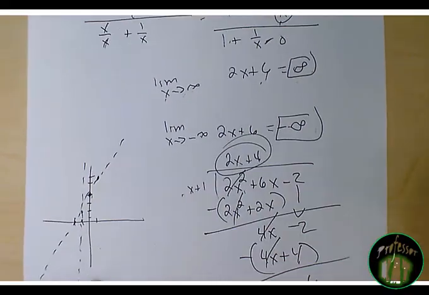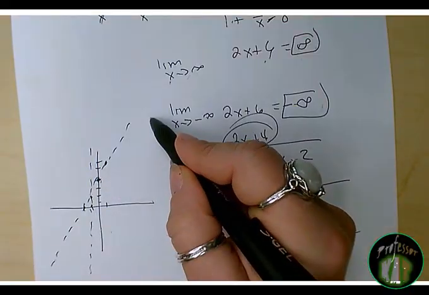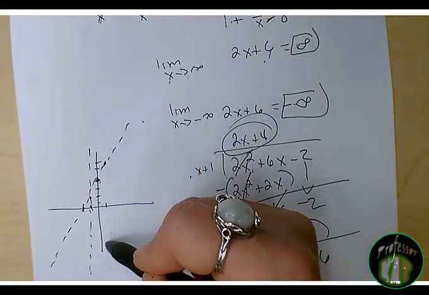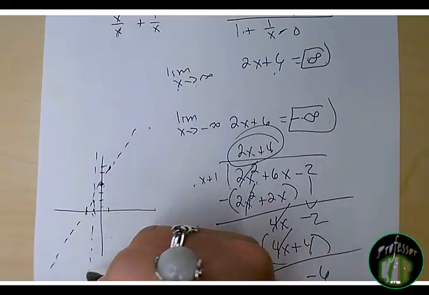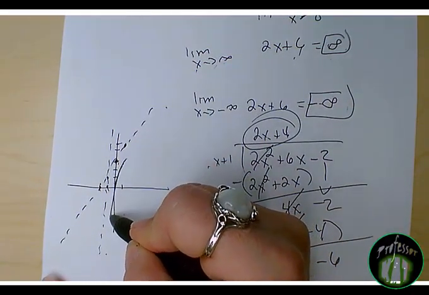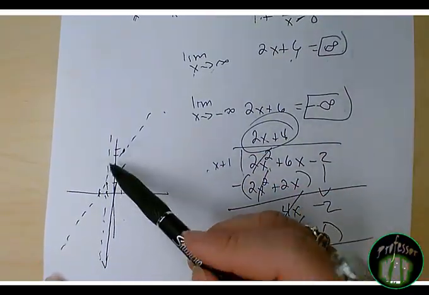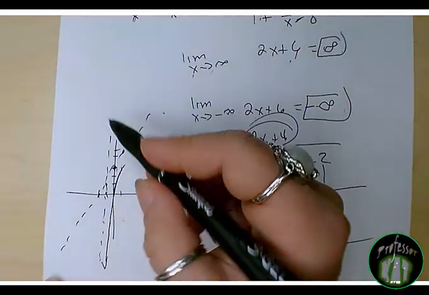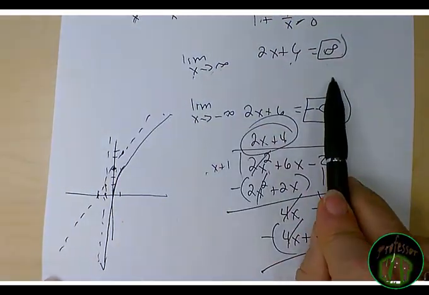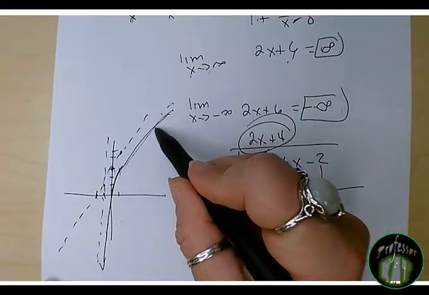Okay, so going back to our end behavior for this graph, on the right-hand side our graph is going to shoot up to the positive. It wants to follow these asymptotes, but again, we're worried about our end behavior. So our end behavior on the right side is going to positive infinity, following these asymptotes, going higher and higher.